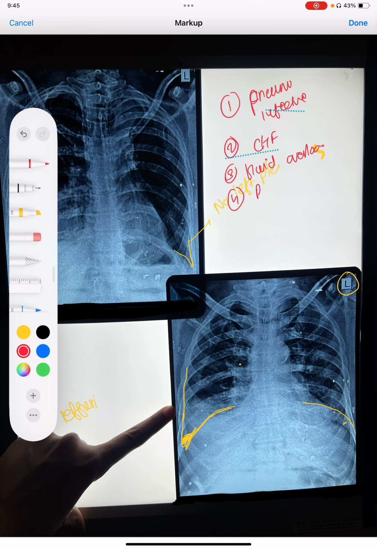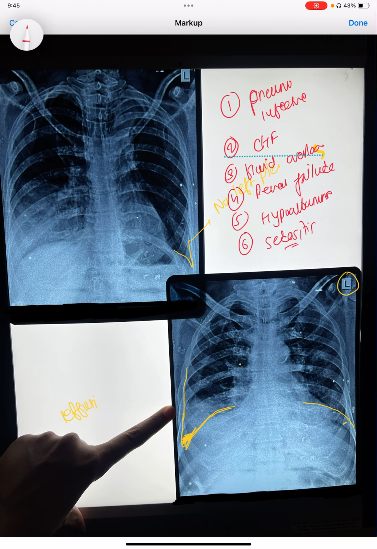Nephrotic syndrome, renal failure, CKD will cause pleural effusion, or hypoalbuminemia will cause pleural effusion, or if the patient has serositis it will cause effusion. So serositis, like in dengue, in sepsis, these patients will very commonly have pleural effusion.